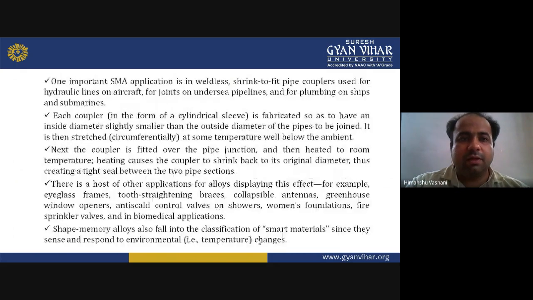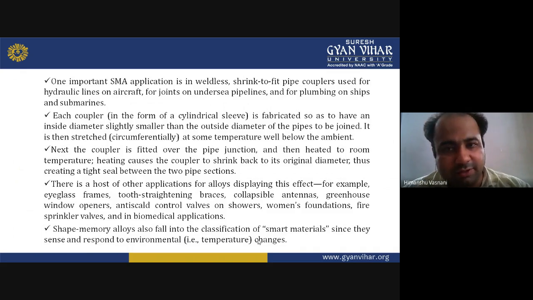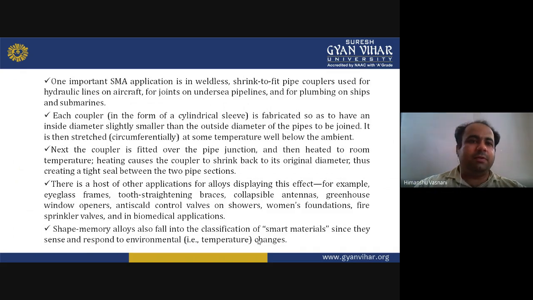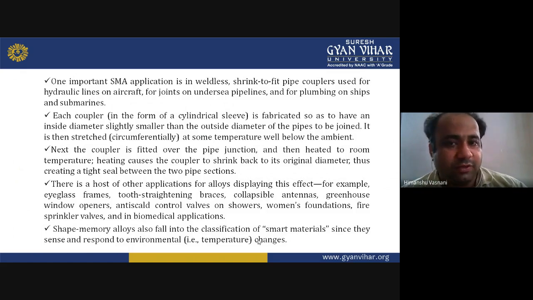One important shape memory application is the shrink-to-fit pipe couplers used for hydraulic lines on aircraft, for joints on undersea pipelines, and for plumbing on ships and submarines. Each coupler is in the form of a cylindrical sleeve fabricated to have an inside diameter slightly smaller than the outside diameter of the pipes to be joined.